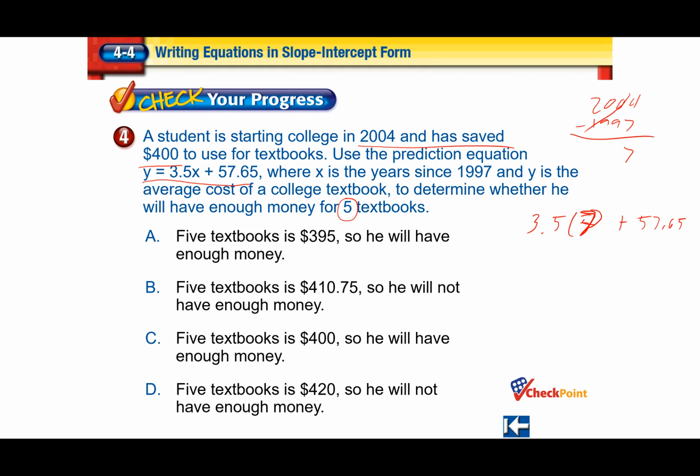3.5 times 7 is 24.5, plus 57.65, comes out to 82.15 for 1 book. We need to know if $400 is going to be enough for 5 books.